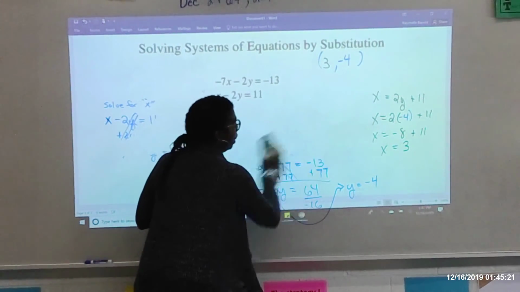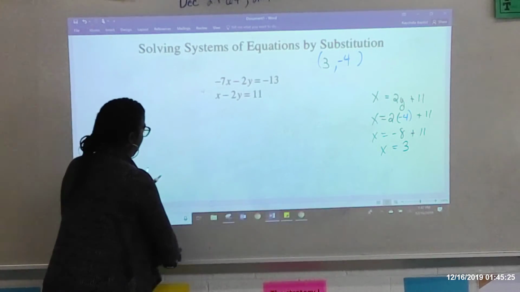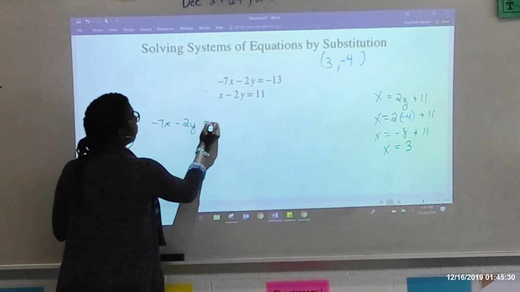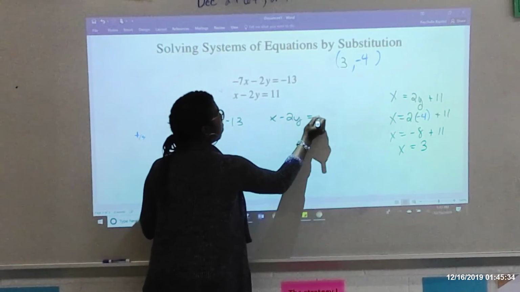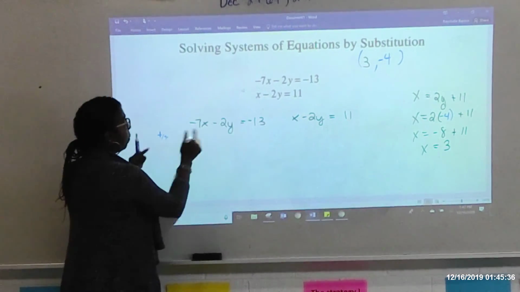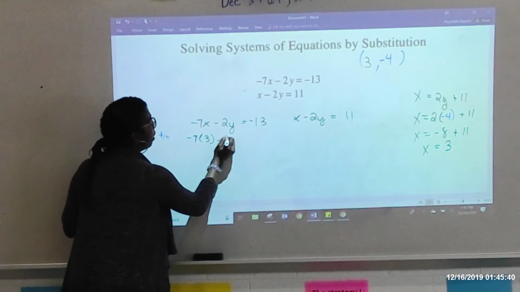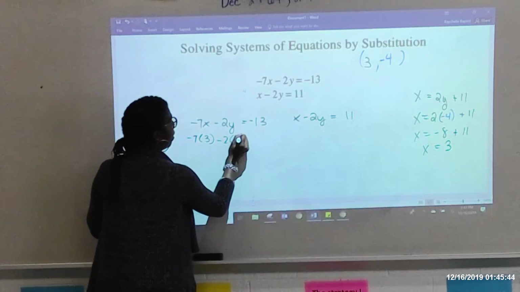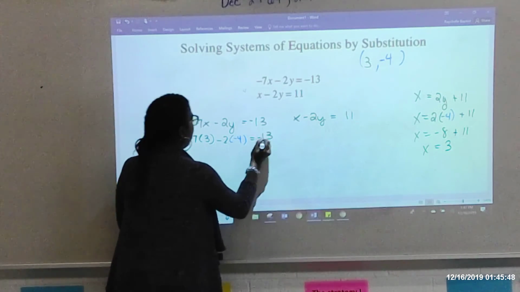So we're going to erase really quickly. Negative 7x minus 2y equals negative 13. x minus 2y equals 11. We're going to plug in what we know. Negative 7 times 3 minus 2 times y, which is negative 4, equals negative 13.